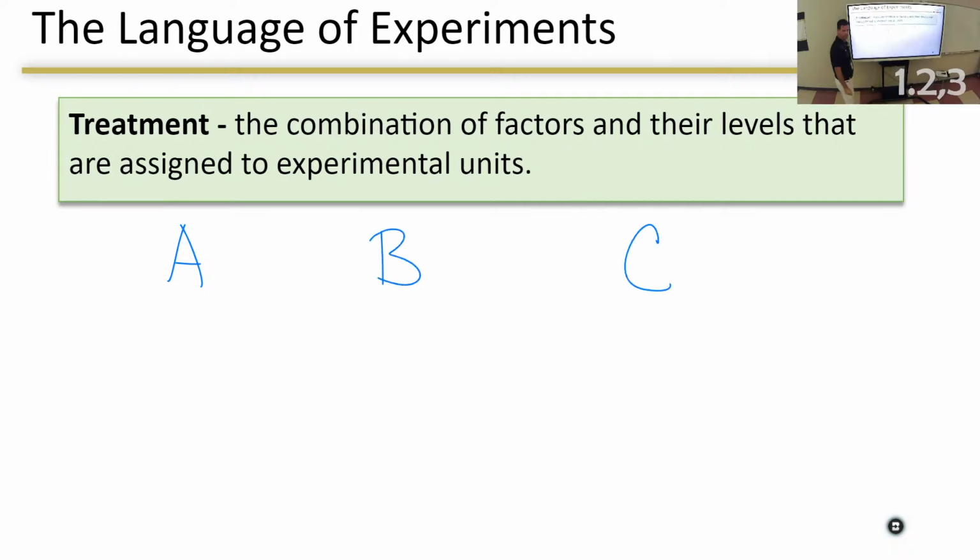I forgot what we said, organic or whatever, but fertilizer A, B, and C. So the factor was the fertilizer. These are the levels. And that's also the treatments. There's 3 treatments.